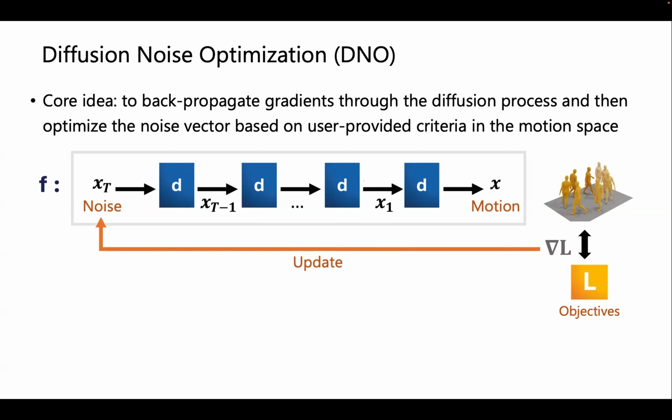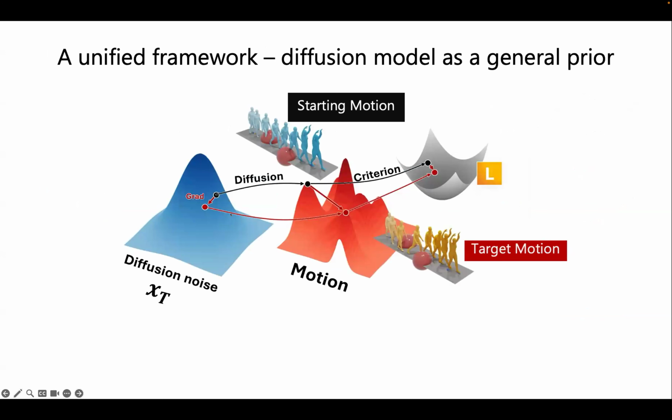This is a very simple algorithm, and this is an illustration. This is the diffusion noise, the latent space, and this is the motion space. For example, this is a target motion. We define some criteria function, some loss function, in the motion space.